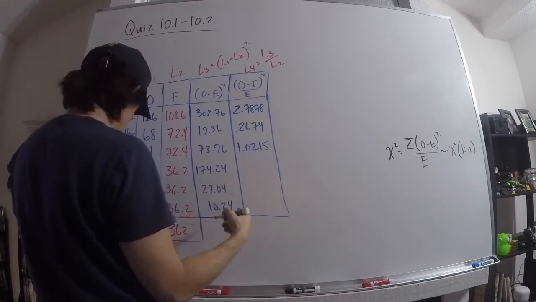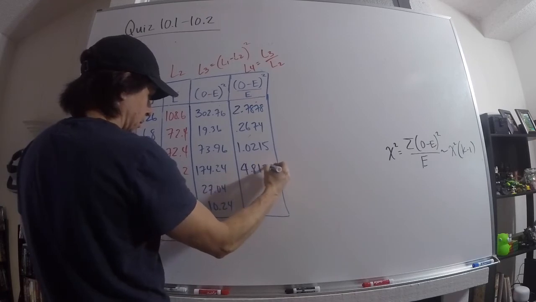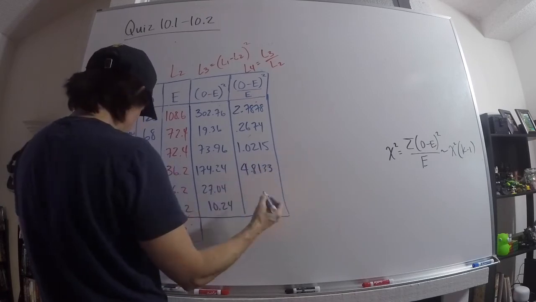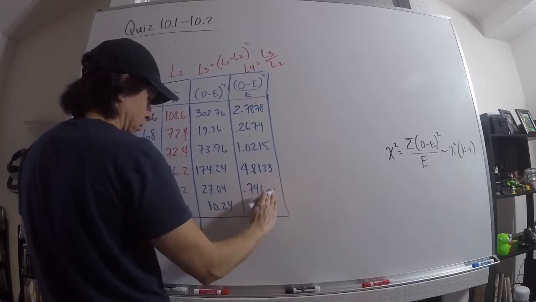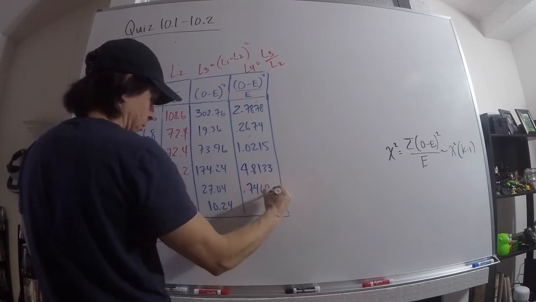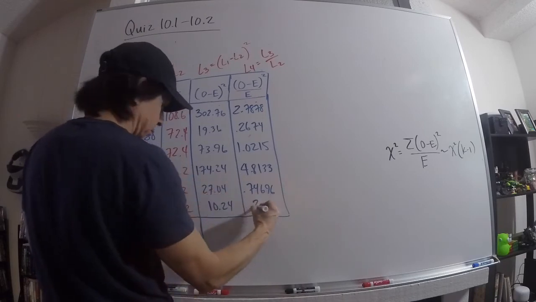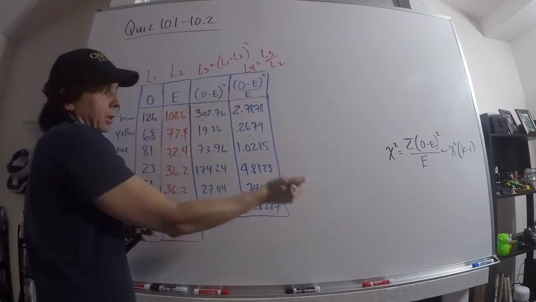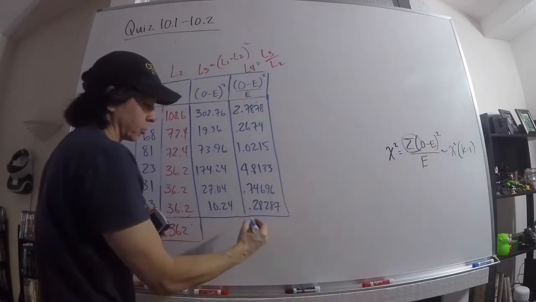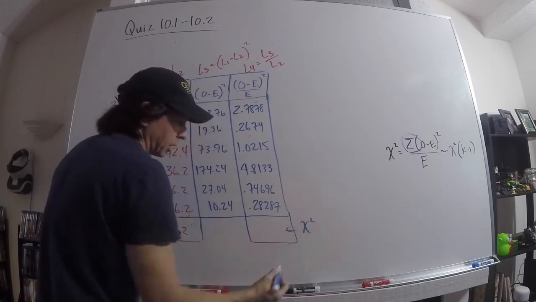Oh, no, I got 3, okay. 4.8133, 0.74696, 0.28287. That's the expression that the formula says to sum, so I'm going to just sum that, and that is my chi-square right there. That is my test statistic.